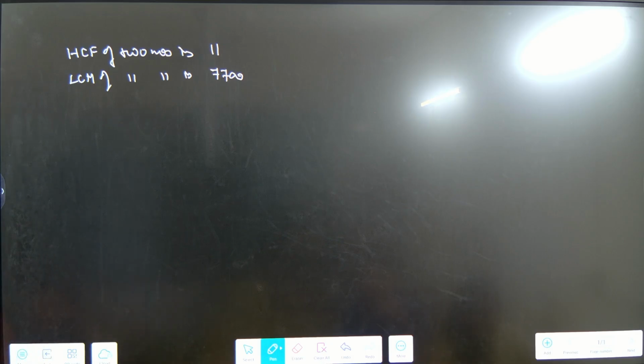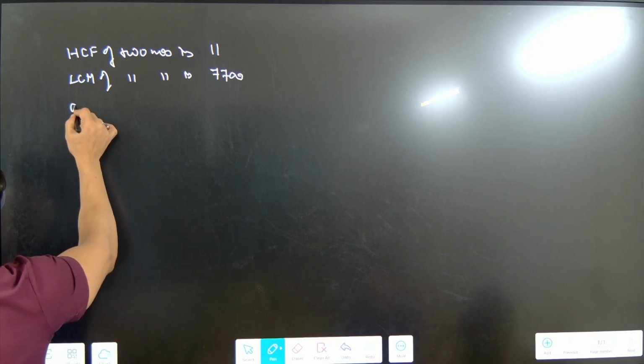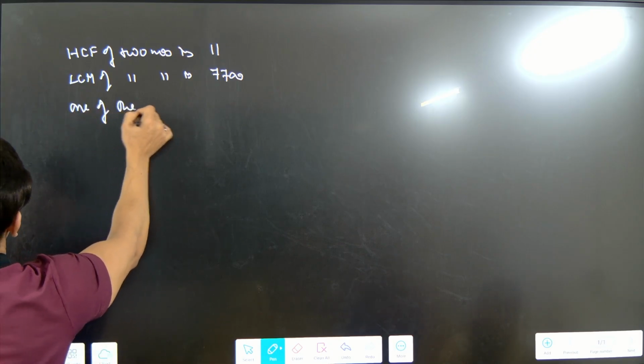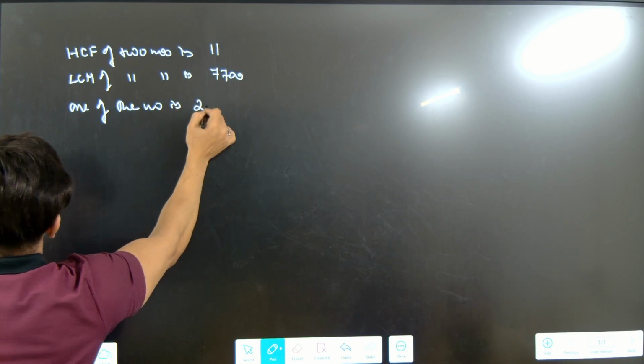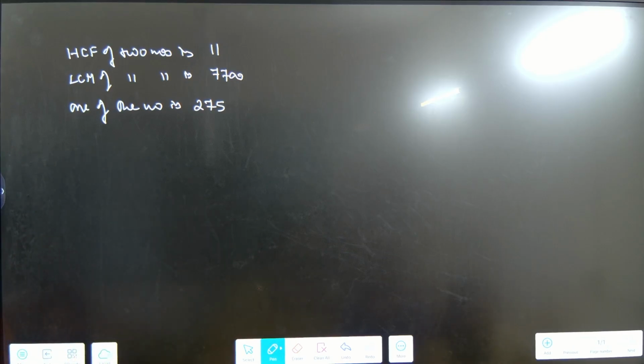Last formula रखना हो 5 मिनट. One of the numbers is 275. Find the other number. Now which formula you have to use? That LCM into HCF is equal to N1 into N2.